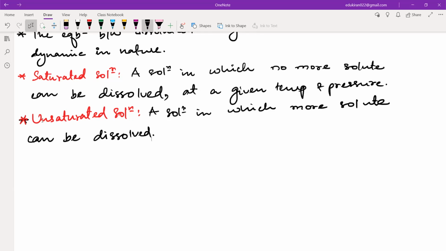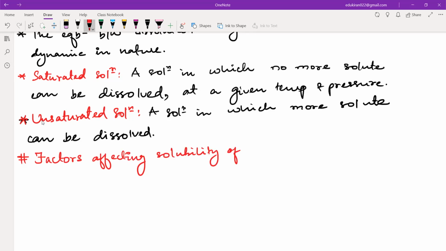So the first statement that I will be writing here is factors affecting solubility of solids in liquid.